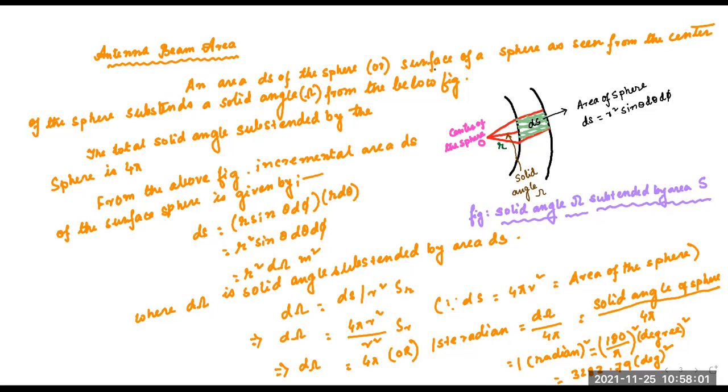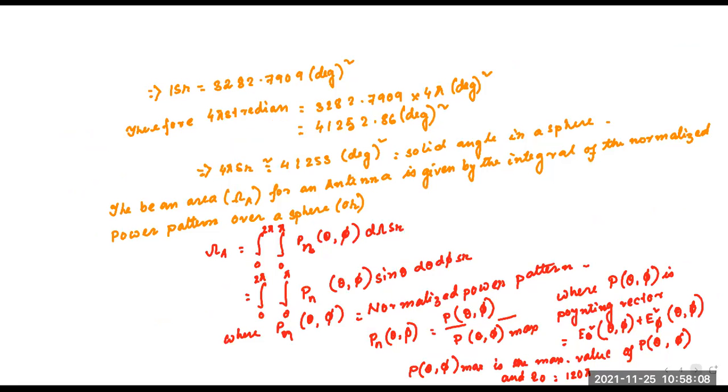So we find out the d phi by 4 pi equals 3282.79. We do the calculation, and after the calculation, we find our solid angle. That is 41253 degrees square. That is the solid angle in the sphere. So then we have calculated the beam area for the antenna.